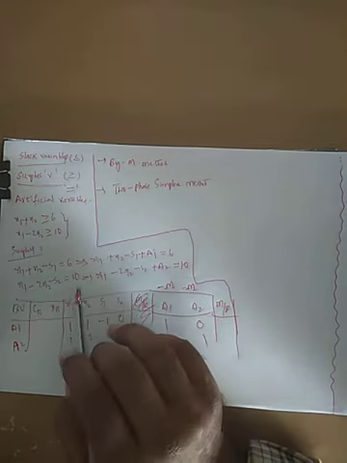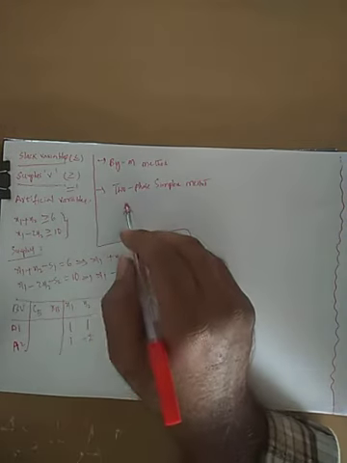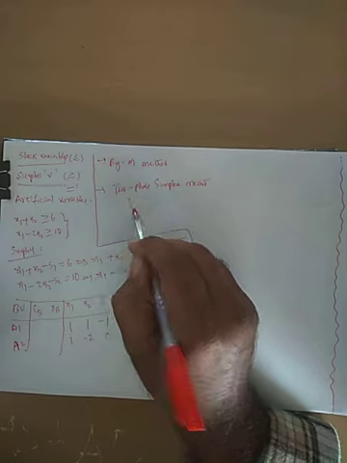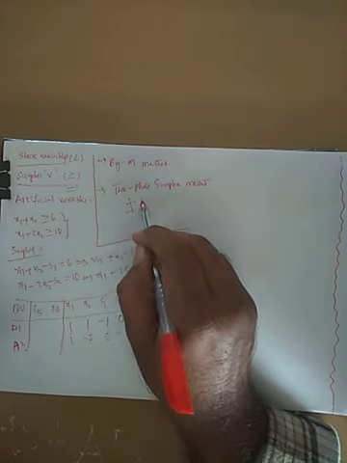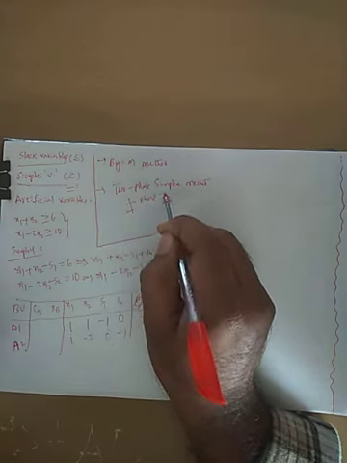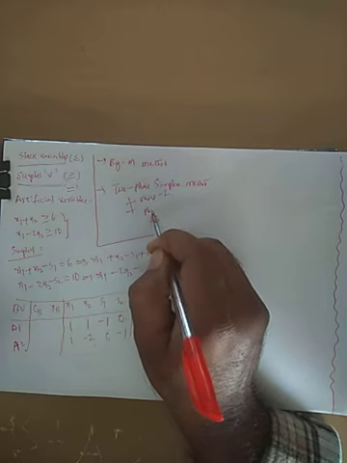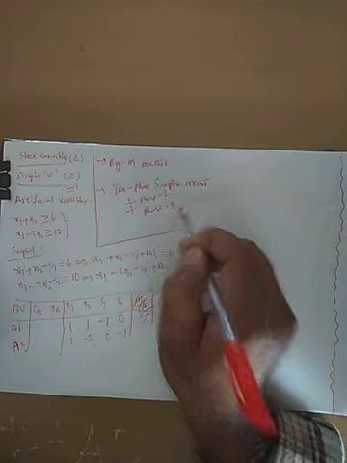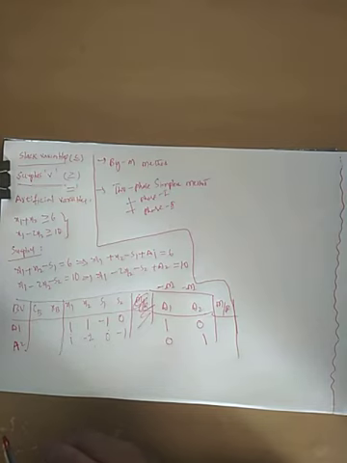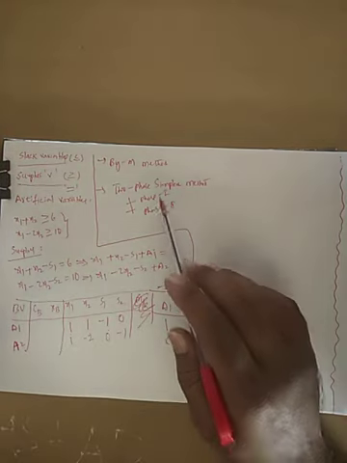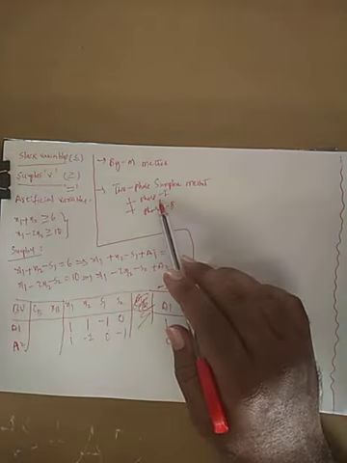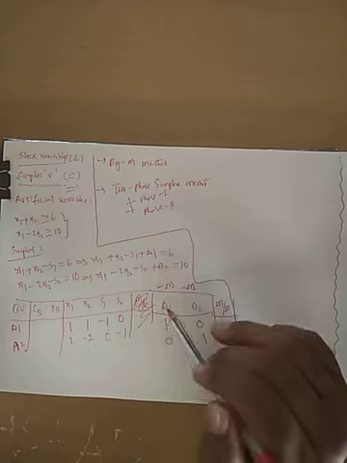Then what is the two-phase simplex method? In the two-phase simplex method, you get the solution in two phases. One is called phase 1 and the other is called phase 2, hence the name two-phase simplex method. In phase 1, we try to remove the artificial variables.